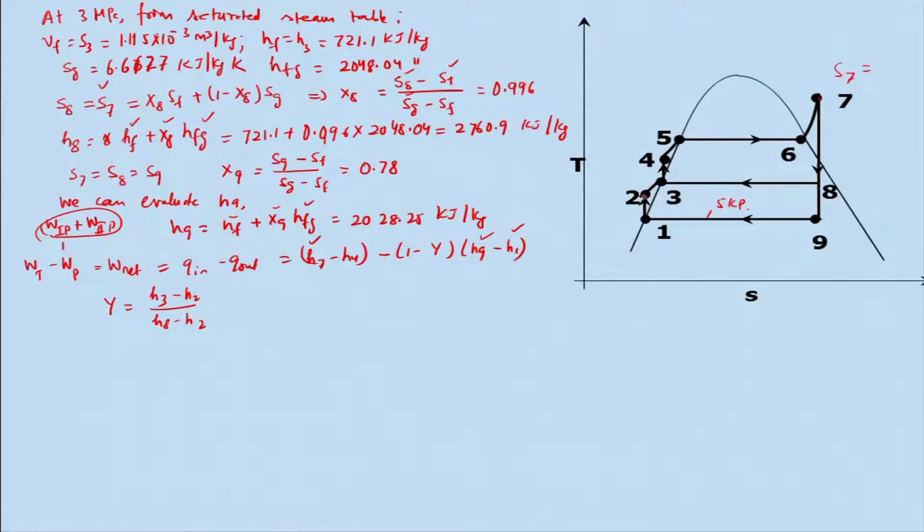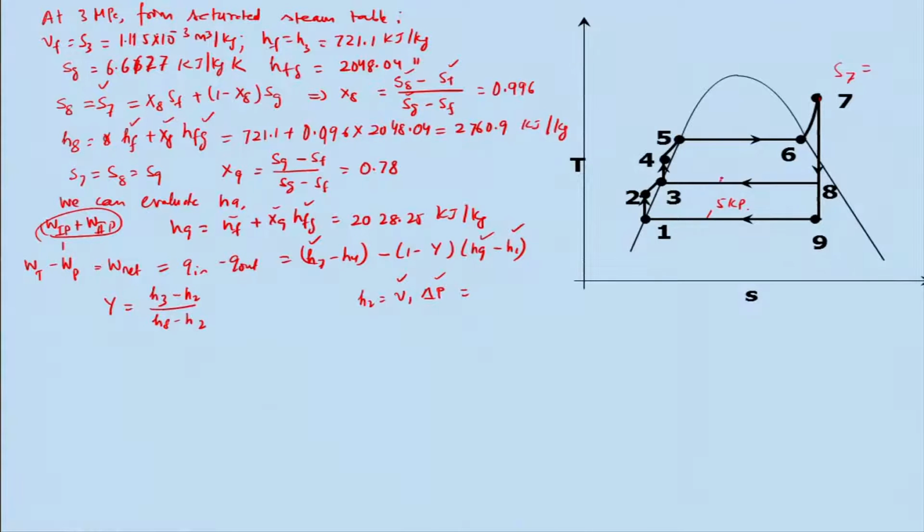So, we need to find out this S2, right. How will we find out S2? S2 I can find out is equal to V1 into delta P, yes or no? V1 is known, delta P is known. So, that delta P is what?